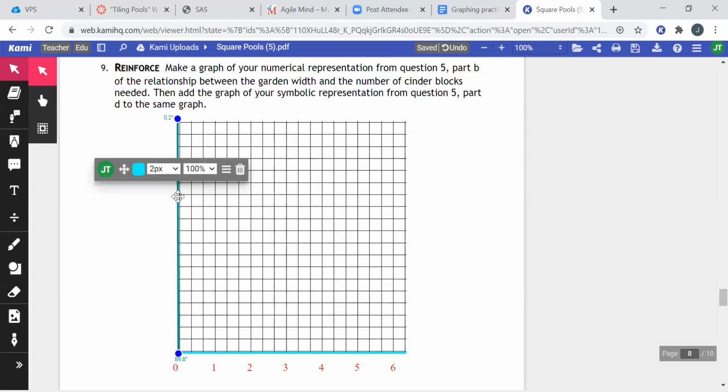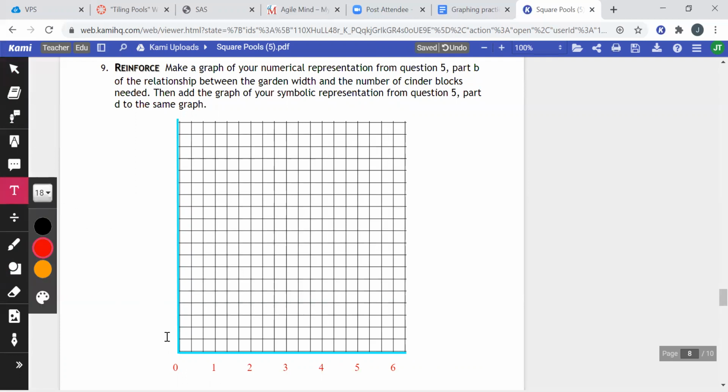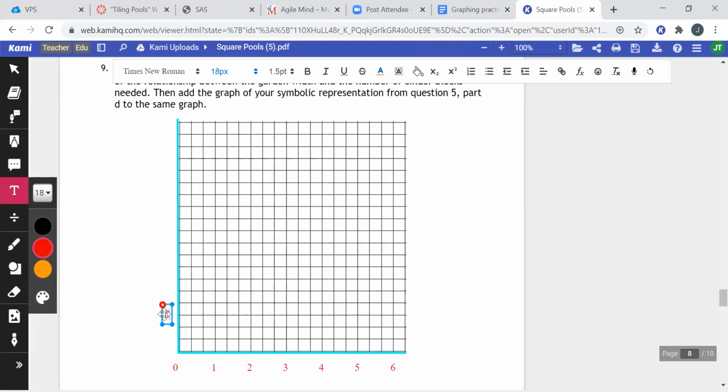So don't try. Okay, and then I'm going to have this guy count up by, oh, I don't know, let's go up by 4s or 6s. I need to go up to 30, so I'll go up by 6s. 2, 4, 6. I think there are 30 tiles, so let's try 1, 2, 3. This is 6. 1, 2, 3.